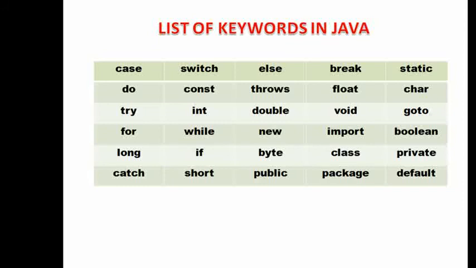Case, do, try, for, long, catch, switch, const, int, while, if, short, else, throws, double, new, byte, public, break, float, void, import, class, package, static, char, goto, boolean, private and default.